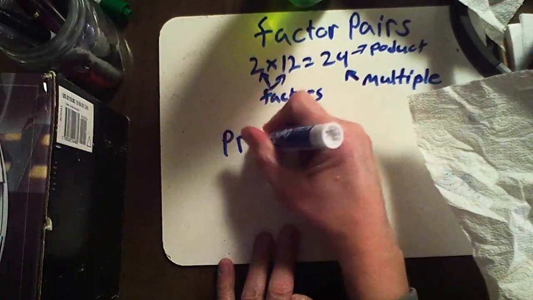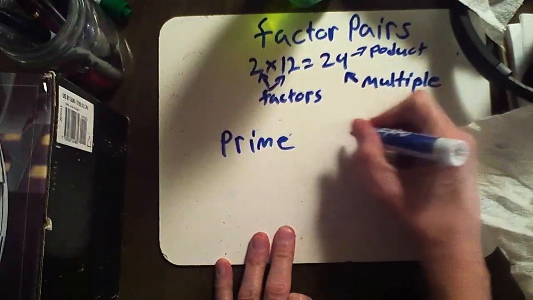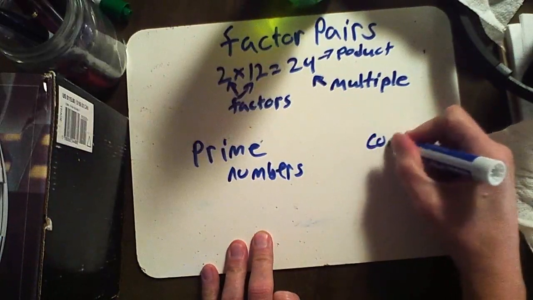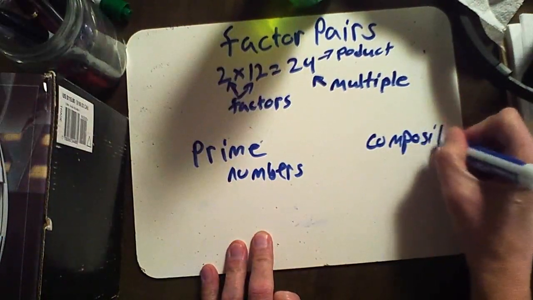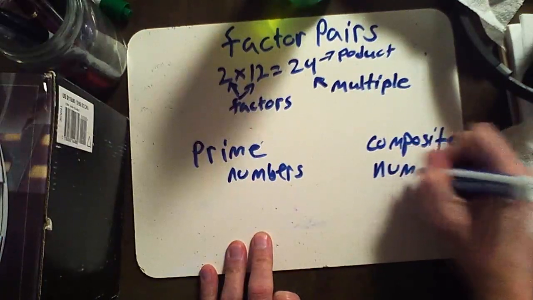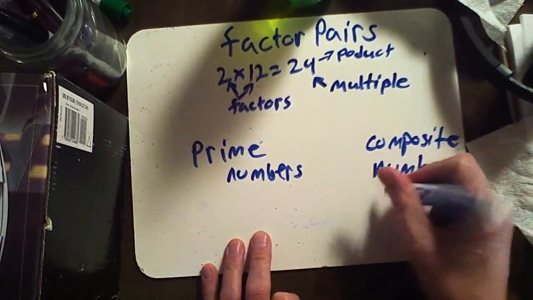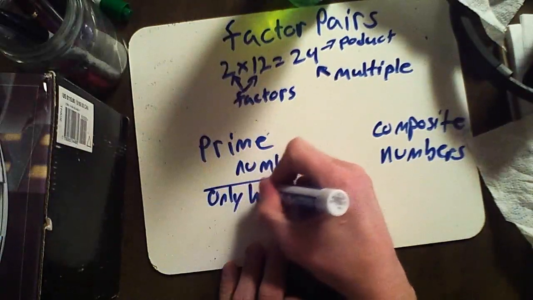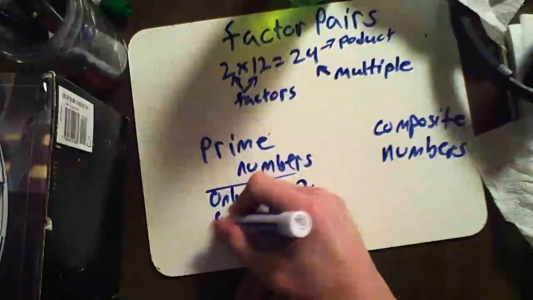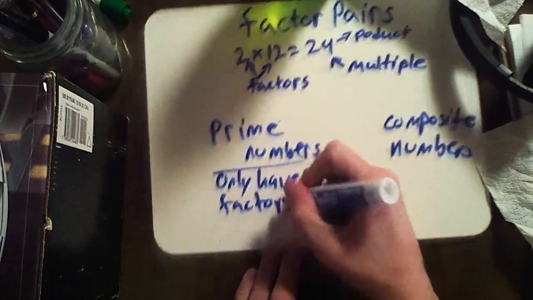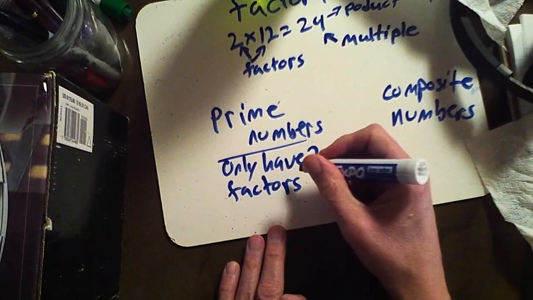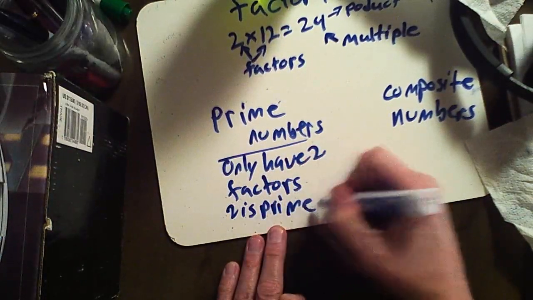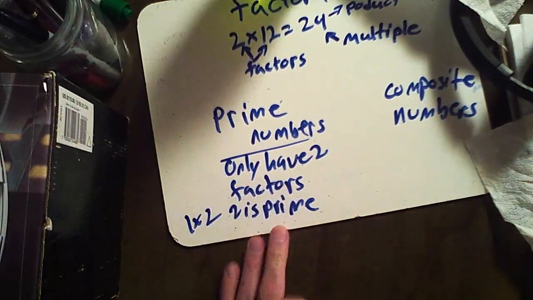Prime numbers and composite numbers. Now, prime numbers have only two factors. So a number like 2. 2 is prime because its only factors are 1 and 2.